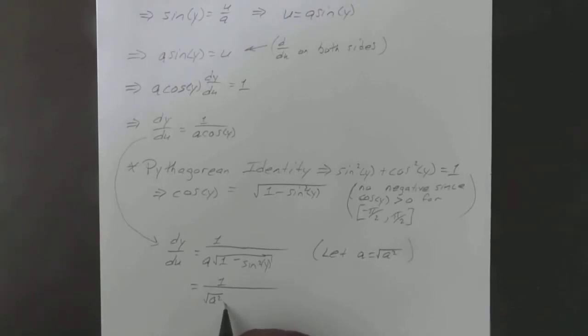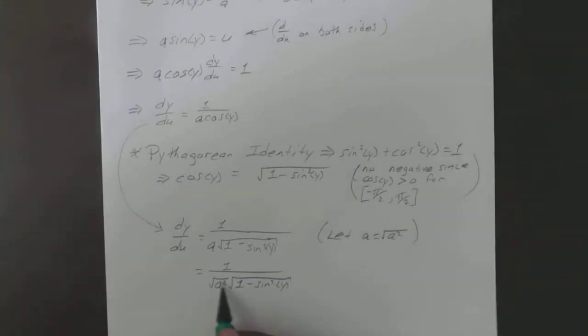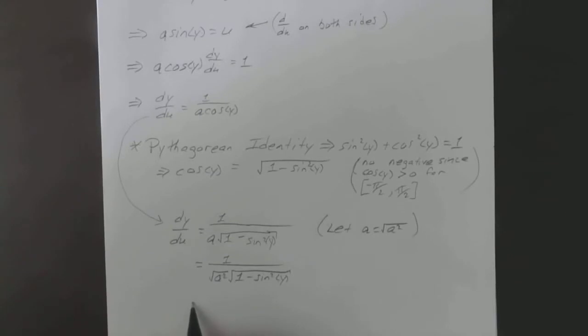Okay, so if we let a equal square root of a squared, then we have square root of a squared times square root of 1 minus sine squared of y. Okay, so once you have two roots that have the same index, you can just multiply them.